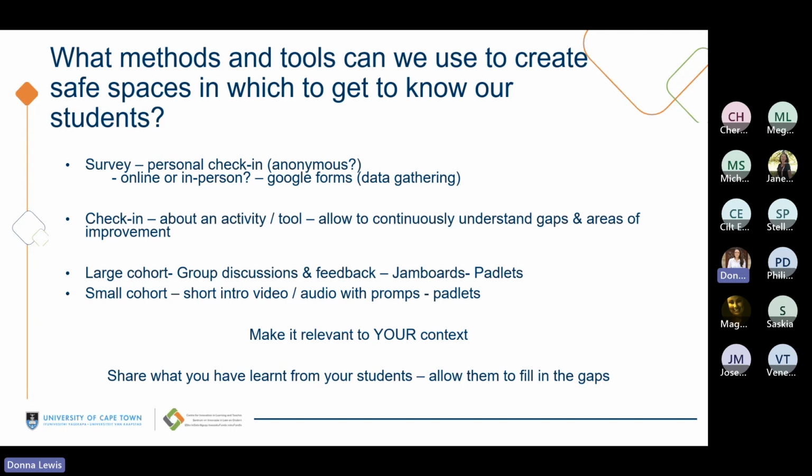But using something like Google Forms to gather data might be really useful. Are we checking in, and allowing students to think about gaps or areas of improvement as we are actually going along the course? Perhaps there's something that we've tried for the first time, or we realize that students were not as engaging as the previous cohort, and perhaps we have a bit of reflection and figure out why that is.